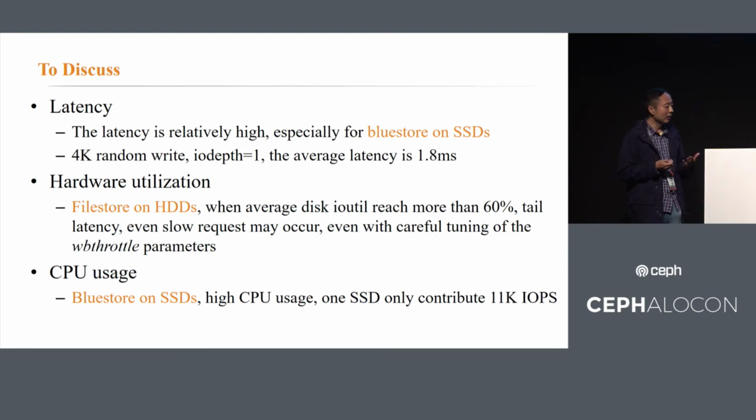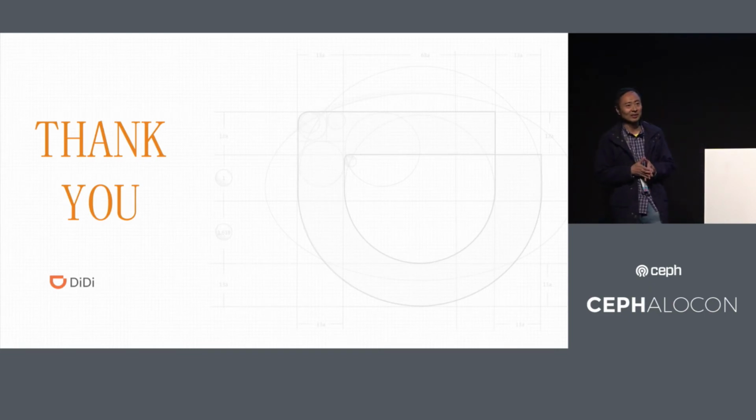Under Ceph, it can only contribute 11K, and we found it's CPU bound. The CPU is a bottleneck. So we hope the community could do more work to improve this. Okay, that's my talk. Any questions? Thanks.